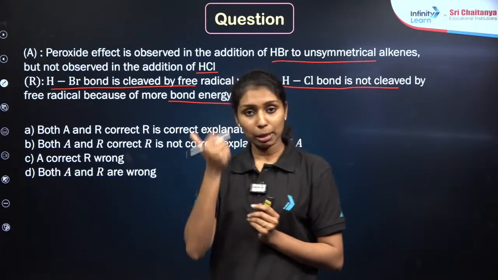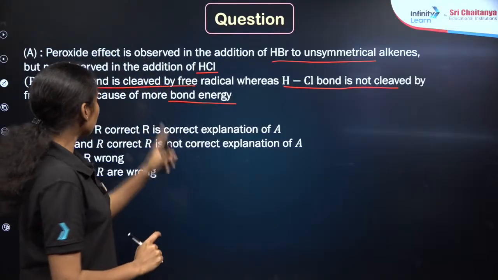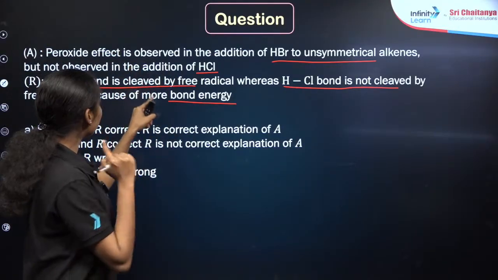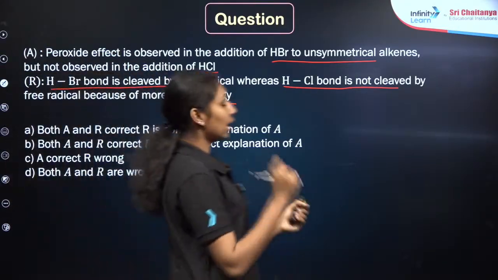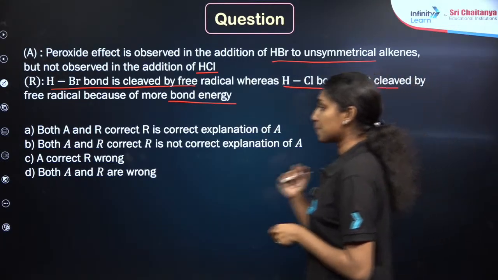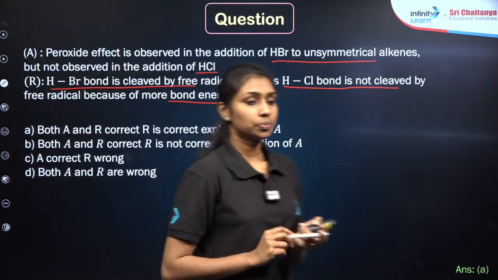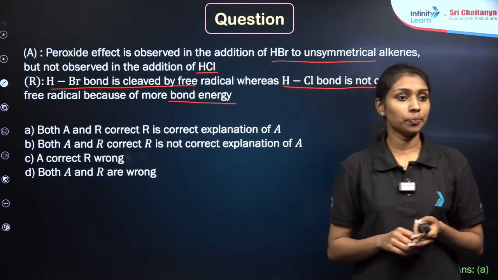It is applicable only in the case of HBr, not HCl and HI. So this assertion is correct and the reason is also correct. So we can say that A and R are correct and R is the correct explanation of A, which means option A will be the correct answer. Is that clear?